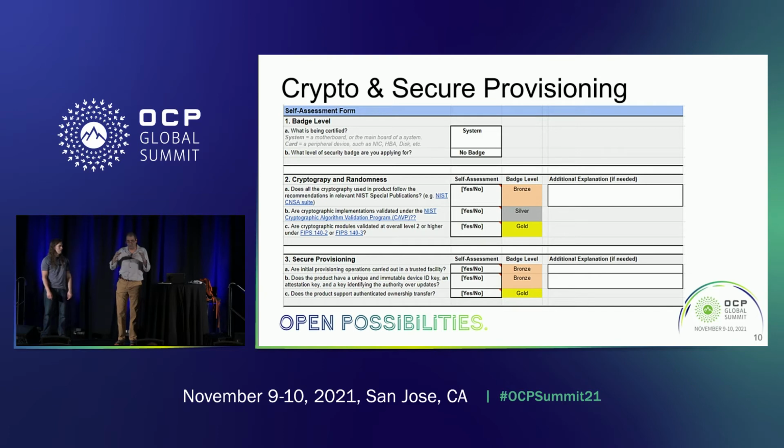If you're certifying a complex system with multiple things in it, then the approach we took here is just certify each by itself, because it's really complicated to start thinking about the certification of a system with 5 different subsystems, and each of them may have different security properties. So we said, pick one, and if you do that, just focus on the motherboard or on the card. Then you can pick which badge level you want, and that will be reviewed by OCP as part of the submission.